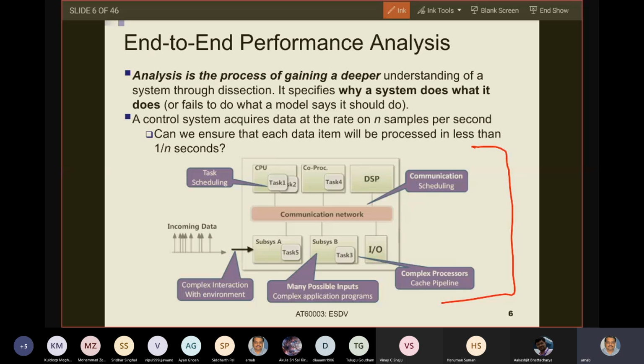So 100 by 15. So a control system, which is our adaptive cruise control system here, acquires data at the rate of n samples per second.